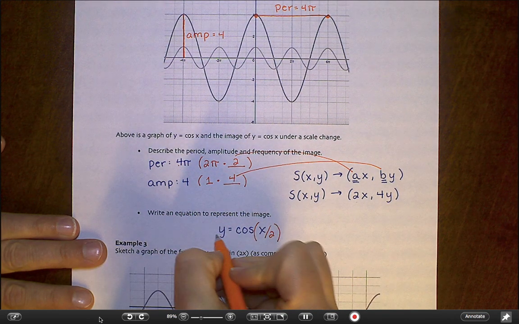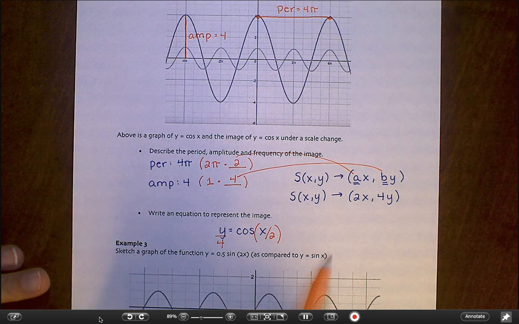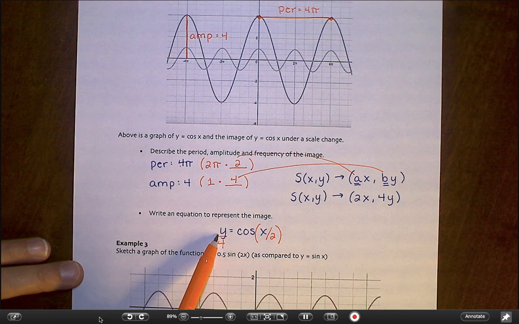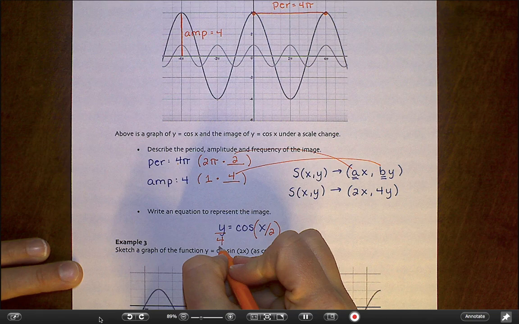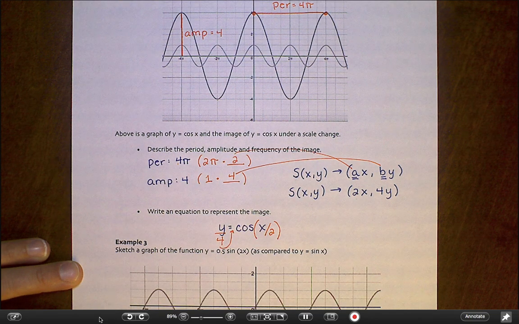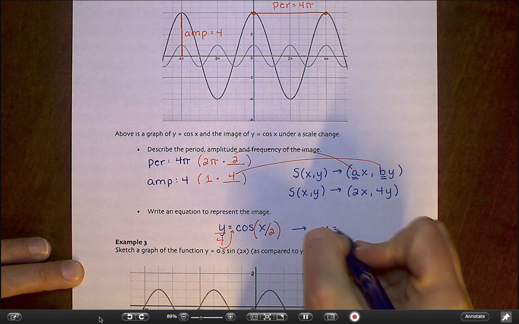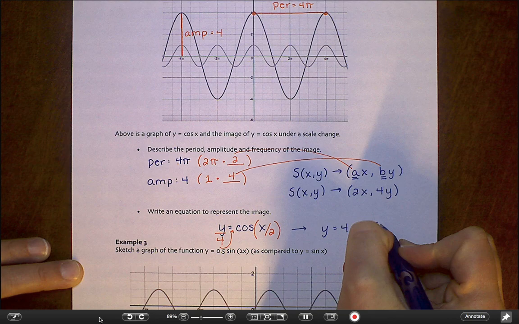And this would become a y divided by 4. With these functions, we always get the y back by itself. So I'm not going to leave this as y divided by 4. I'm going to multiply by 4 and put it over here on the other side. So my final equation will look like this. y equals 4 cosine of x over 2.